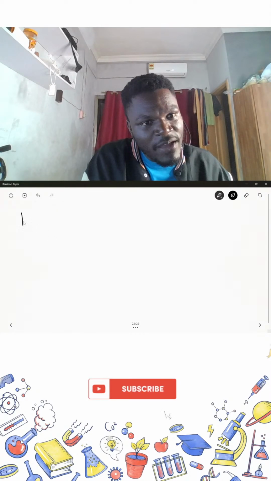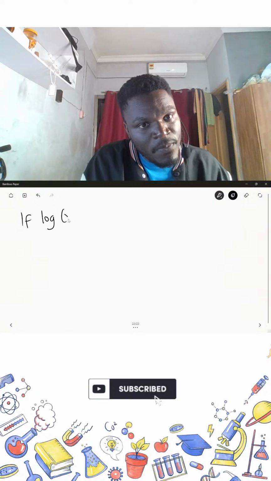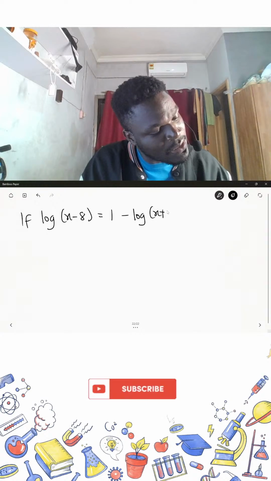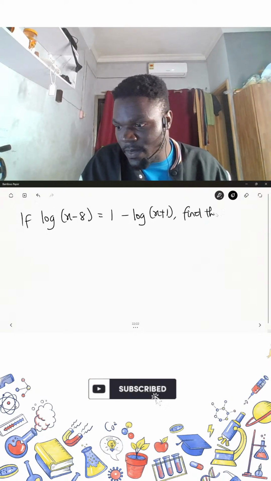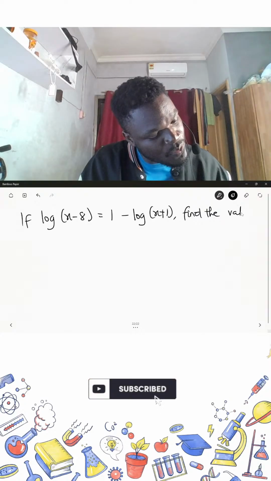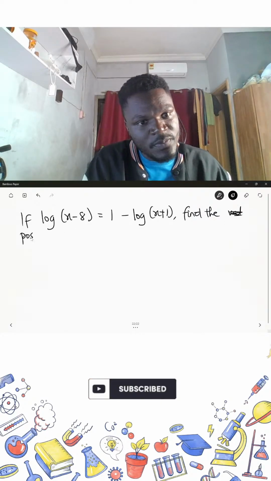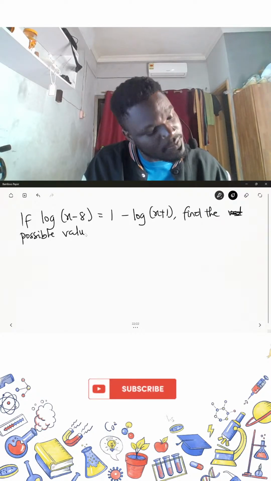Right, so we have, if log x minus 8 is equal to 1 minus log x plus 1, find the possible value of x.